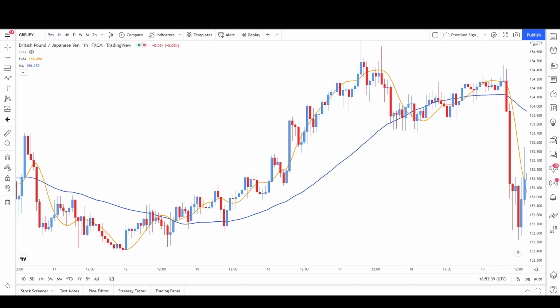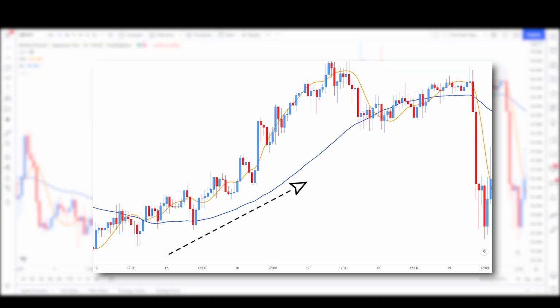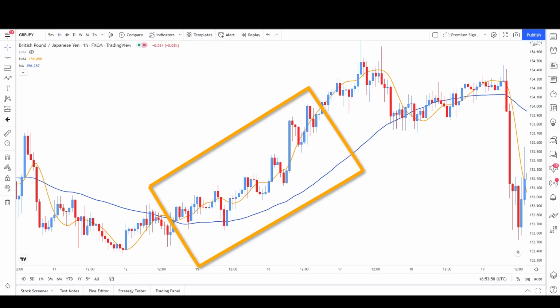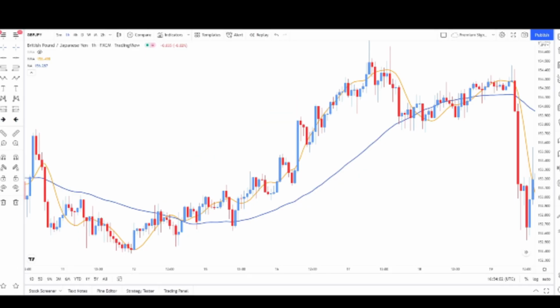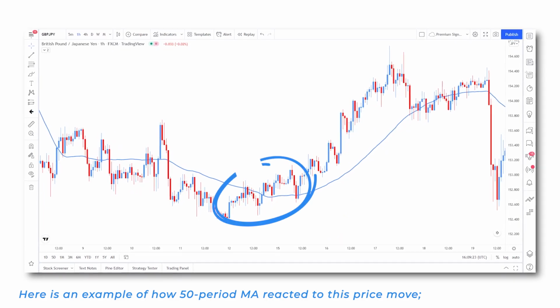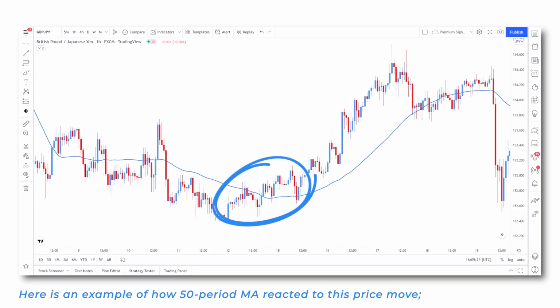For the sake of explanation, I have included a basic moving average with a period of 50. Let's take a brief look at this chart. We have a clear uptrend, we have a Hull moving average in orange, and we have a simple moving average in blue. Now consider the point at which these moving averages begin to trend upward and follow their bullish momentum. The simple moving average was sloping downward until this zone when it began to trend upward.